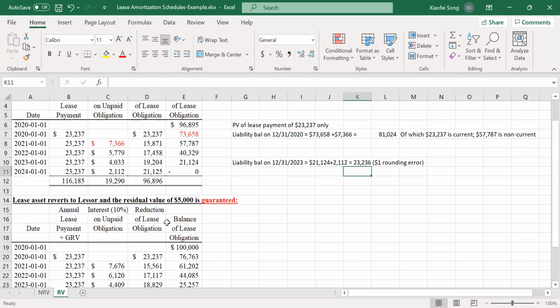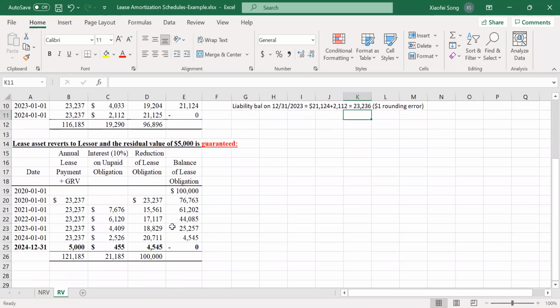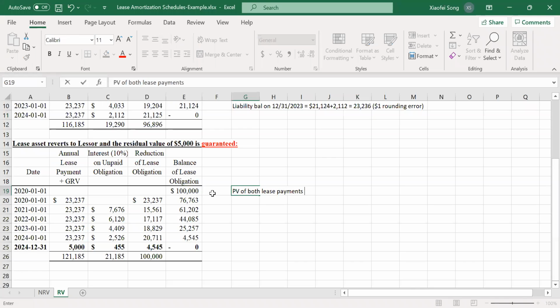Okay, so here we get another go of this amortization table. Now, this one is different from those basic tables. It has a residual value, and the residual value is guaranteed. So from the lessee's perspective, the amount capitalized includes both the lease payments and the present value of the residual value. It's the present value of both the lease payments, 5 of them, and the residual value.